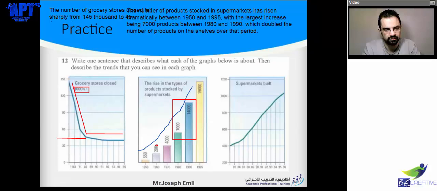Please notice these very strange and out of the ordinary changes. 7,000 to 14,000, that's a very large increase, and you should never miss this one.